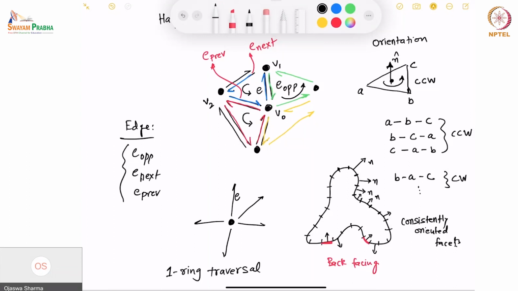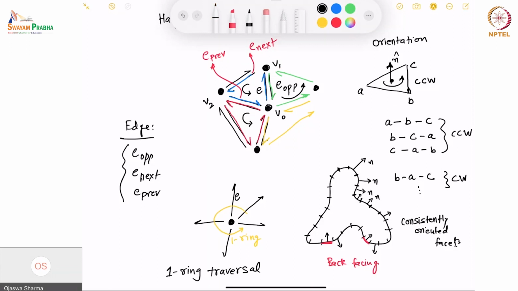It's known as a ring, one ring. So it's known as a one ring traversal. So now you know that I can jump from edge to edge. How do I do this one ring traversal? It's very easy.